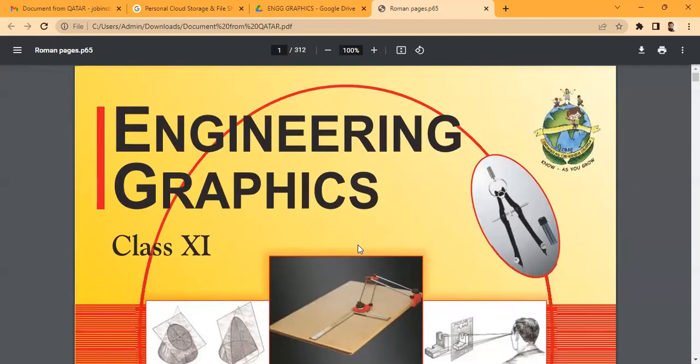Engineering Graphics Class 11, the PDF I have shared. Is my screen visible? Yes, sir. Now what is it showing? Whiteboard. No, it's showing Engineering Graphics Class 11. Yeah, same. Yeah, okay.